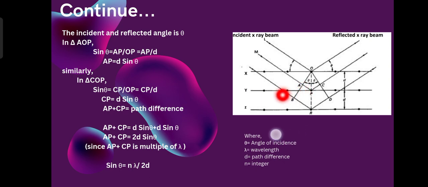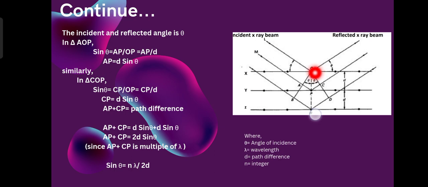Okay, similarly here also, when this incident light falls to the deeper layer, again it needs to travel some more extra distance, B to R and R to D. Okay, some more extra distance, that is path difference.